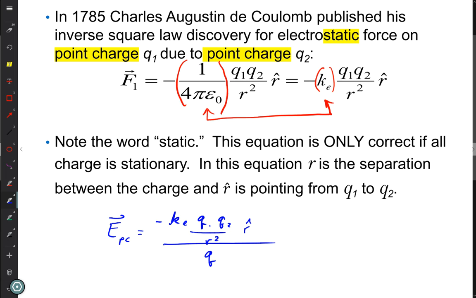Okay, and now we have our first point of a little confusion with the symbols. I put Q1 and Q2 and then I put over Q. What were Q1 and Q2? They were the two point charges that were interacting.